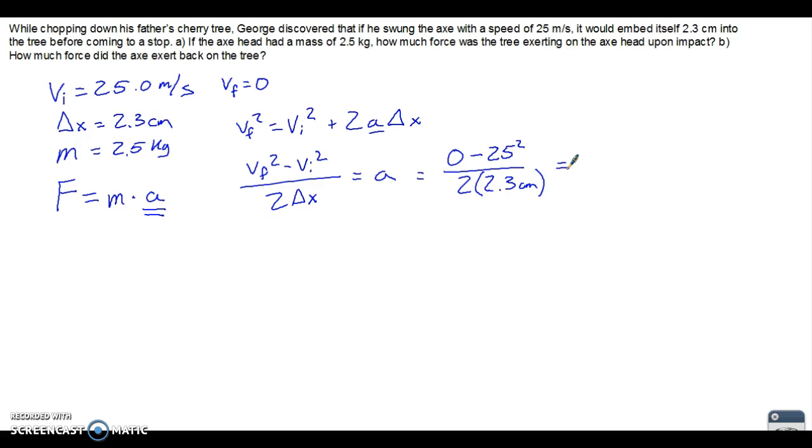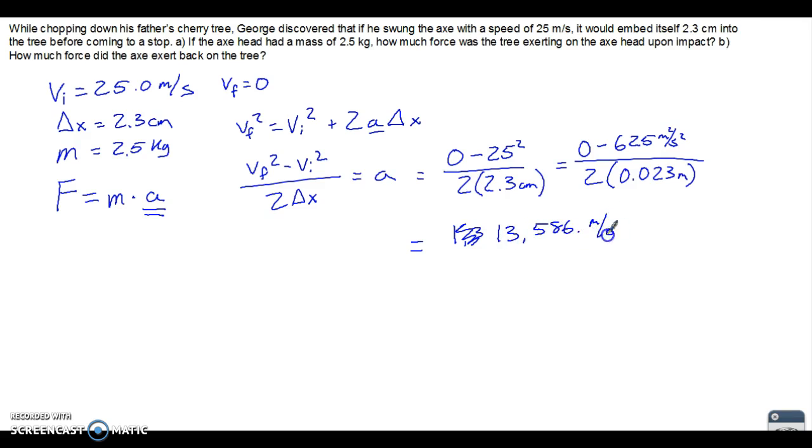It's going to be 0 minus 625 meters per second, that's squared, divided by 2 times 0.023 meters, and that gives us an acceleration of 586 meters per second squared.